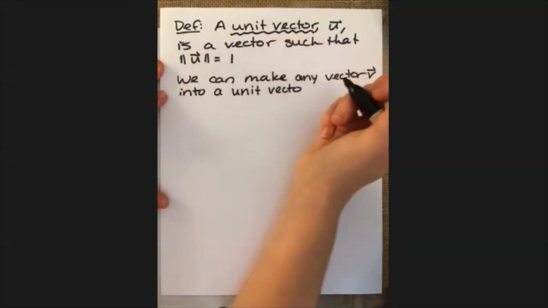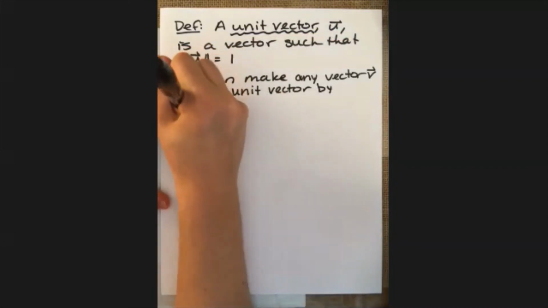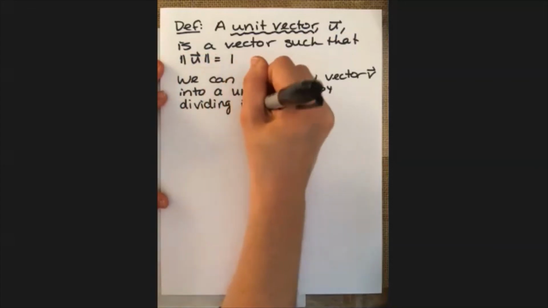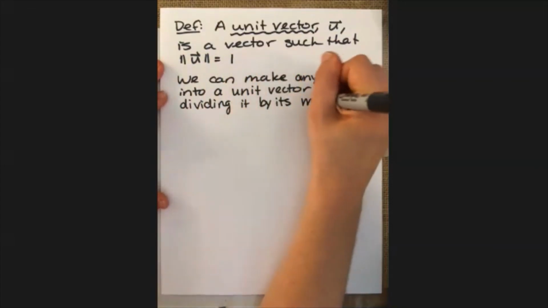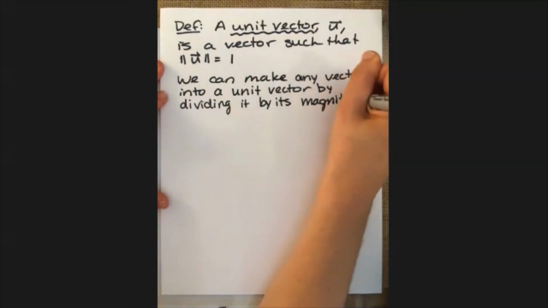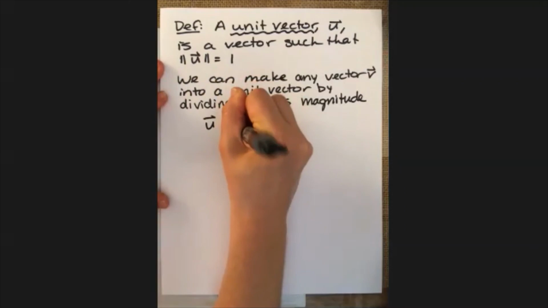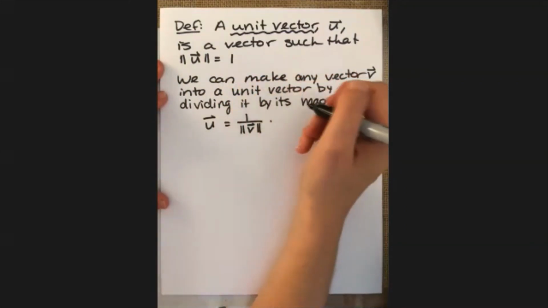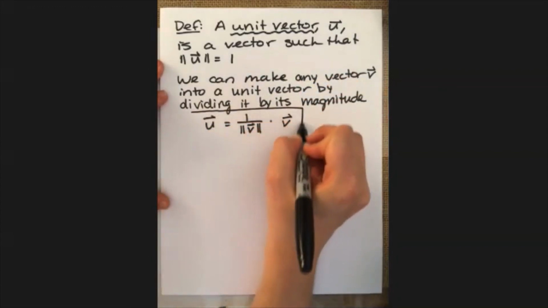Specifically, what we're going to do is just divide it by its magnitude. So here's what that formula looks like. That u is going to be equal to 1 over the length of v times that vector v.